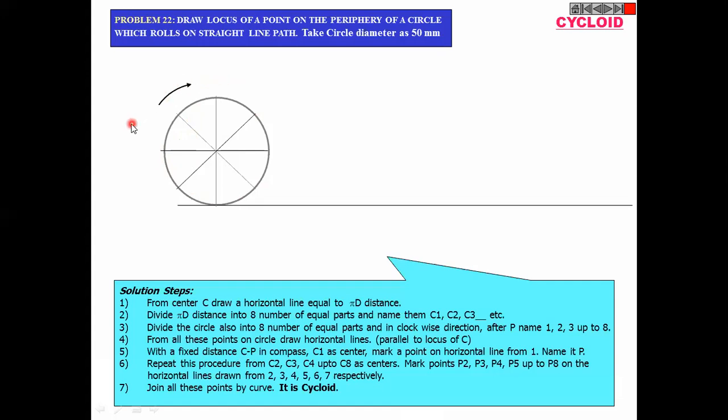First of all, a straight road, so the straight line path, is shown by this horizontal line, and upon that a 50 mm diameter circle is drawn, and we have divided it into different sections. Now we have given names as usual, but one important thing here is what we are assuming: that this circle will travel in this direction. This circle is traveling in this direction.